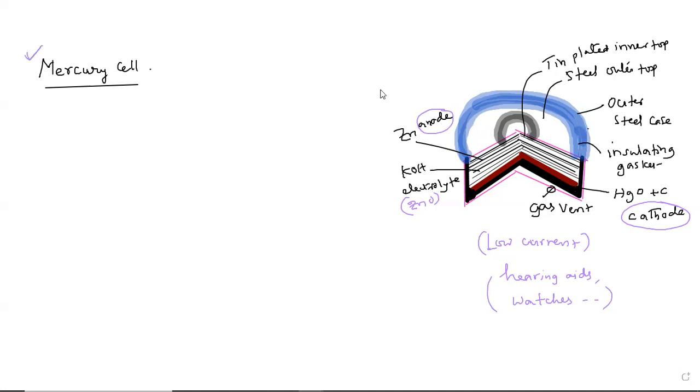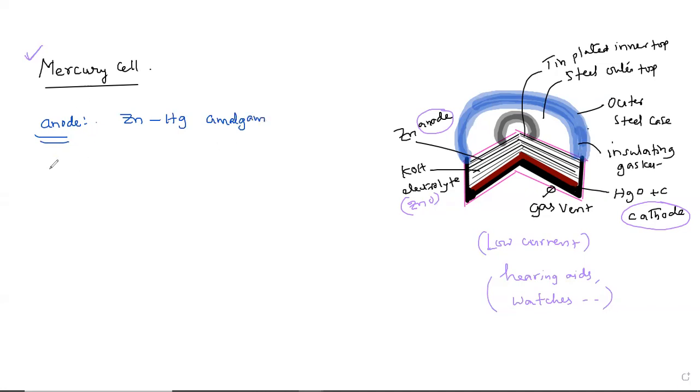Let us discuss the working action of the mercury cell at anode and cathode. Before that, once again, what is the anode? Anode is zinc, merged with mercury, so we can also call this anode zinc mercury amalgam.